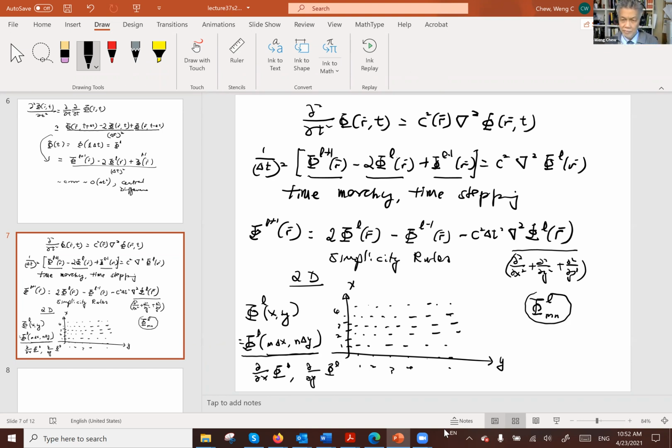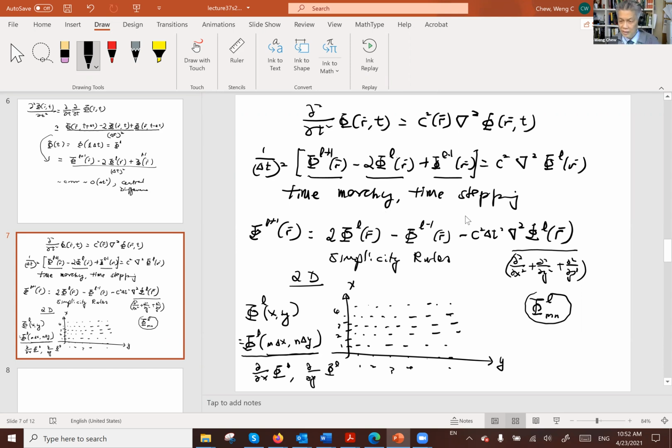I can store them on the computer. Then I can use these data points to evaluate the derivatives of the field using a finite difference approximation, including its second order derivatives. And then I would be able to evaluate the right-hand side. And once I know how to evaluate the right-hand side, I can use this for time marching or time stepping.